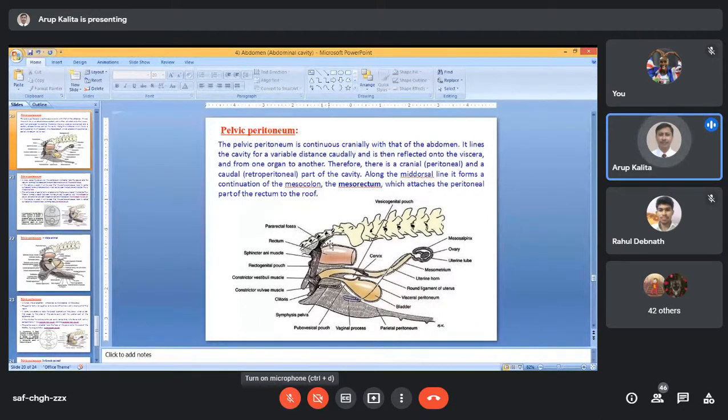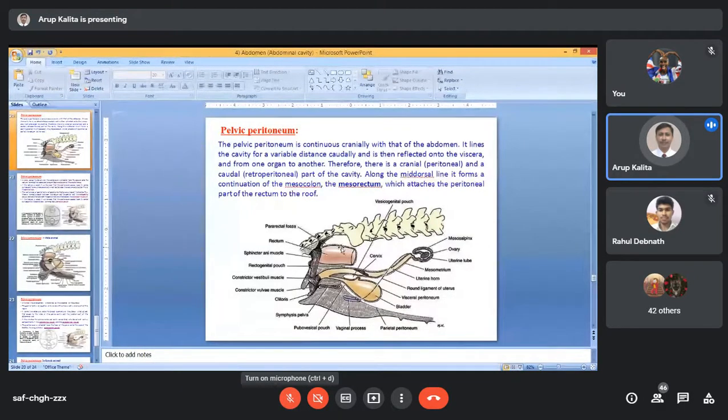So this pouch is having two names. In some books it is written as sacrorectal pouch or pararectal fossa. Why the name sacrorectal? Because it is formed by the sacrum and the rectum. That is why it is called sacrorectal pouch.